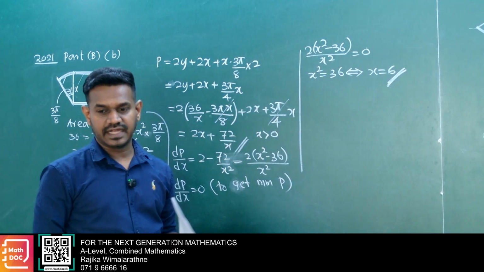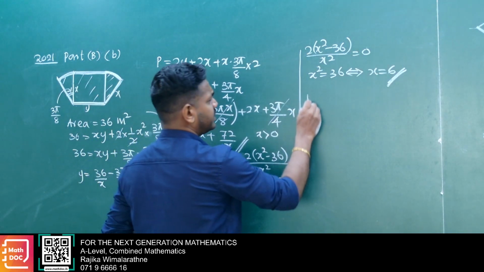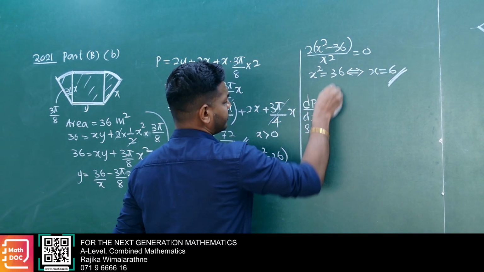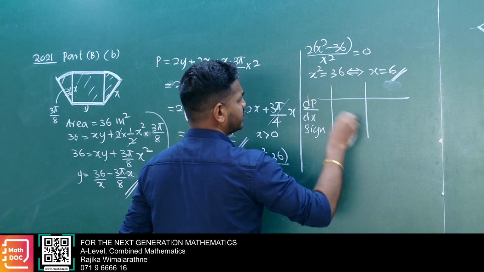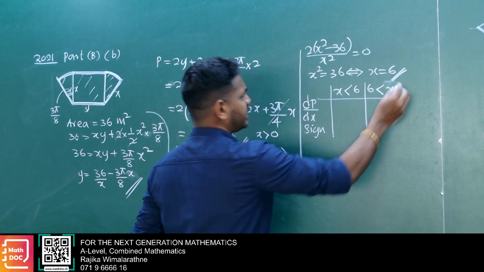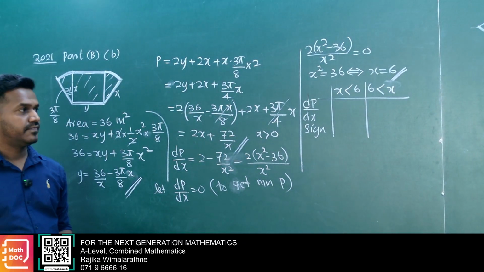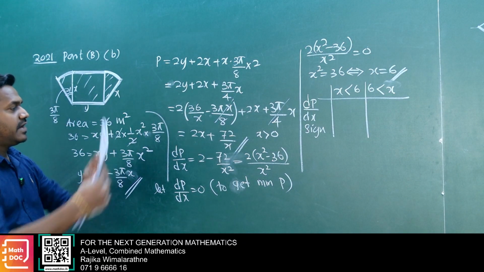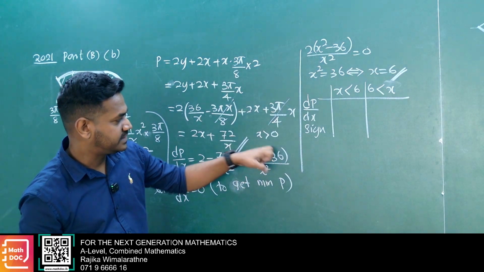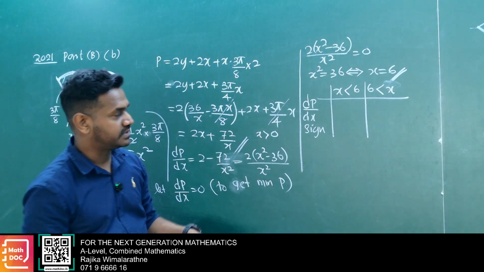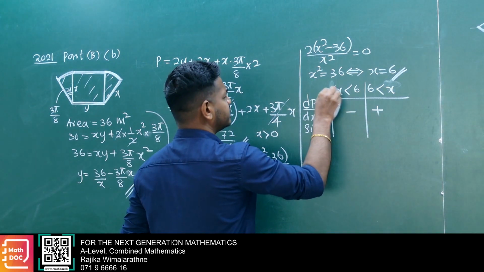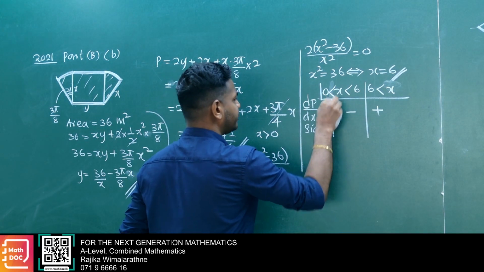Now you have to show that this is a minimum. Check the sign of dP over dx on either side of 6. Less than 6 the value is negative, greater than 6 it is positive.